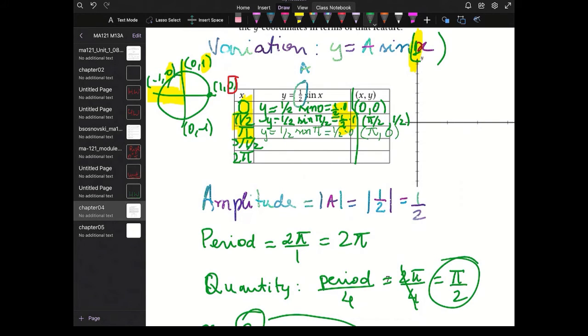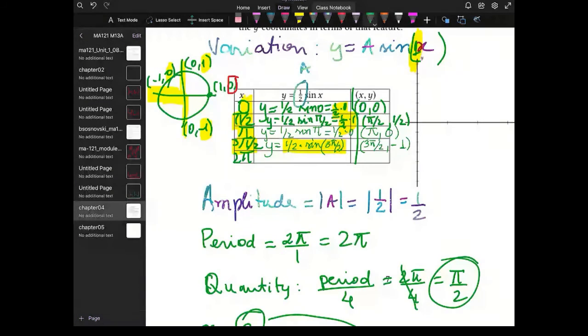The next angle is 3 pi over 2, and the terminal side of that is right here. So we're going to use the sine as -1. So we have y equals half times the sine of 3 pi over 2. The point is the angle, 3 pi over 2, and the result of the computation, which is half times -1, -half.